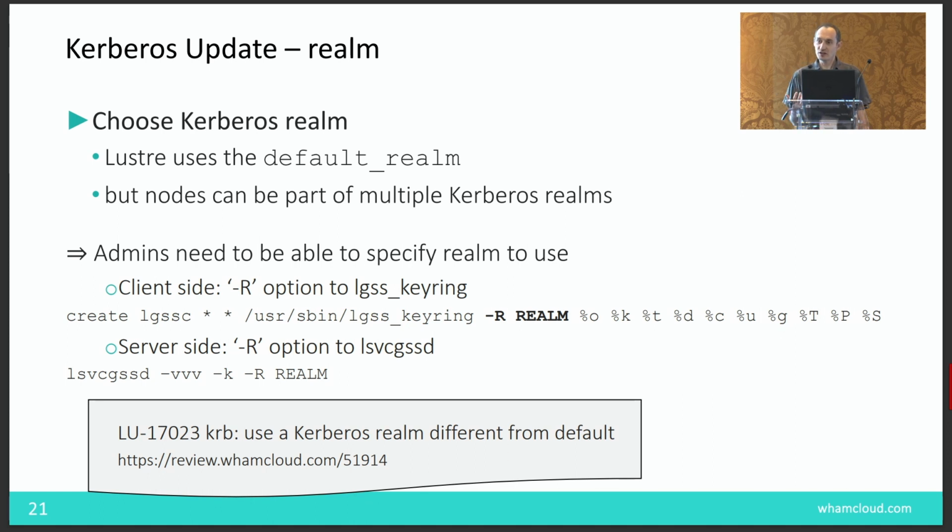In this case, as an administrator, you have to tell Lustre which Kerberos realm to use. So now the lgss_keyring command takes a new -r option to let you specify the Kerberos realm to use, and similarly, lsvcgssd has a -r option for the same purpose.